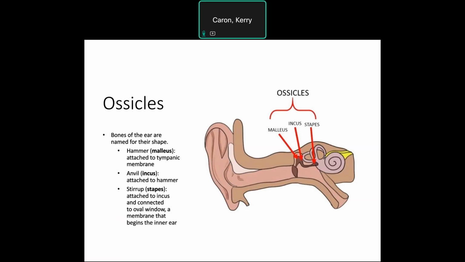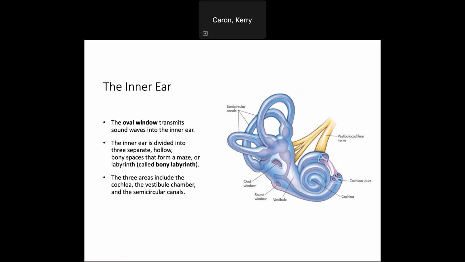The third one is the stapes, or stirrup, that is attached to the oval window, a membrane that leads to the inner ear. The oval window transmits the sound waves into the inner ear.